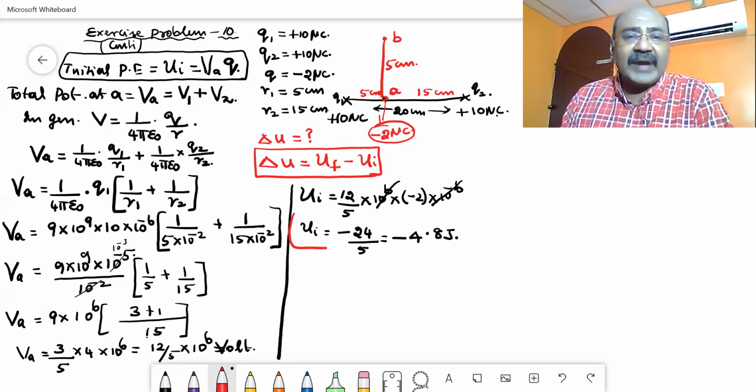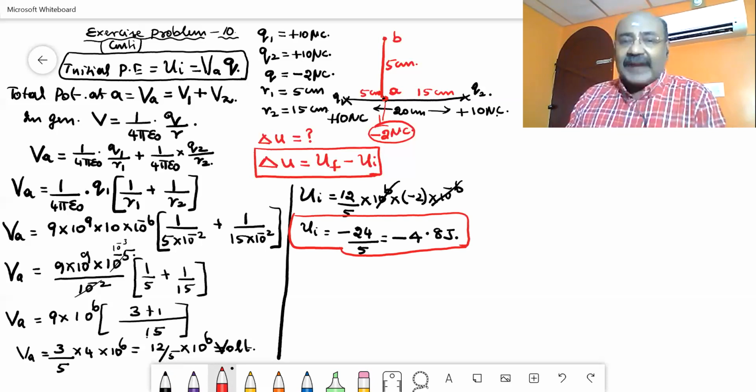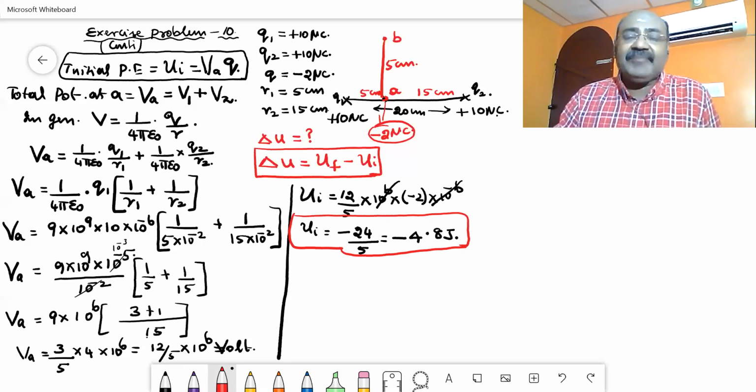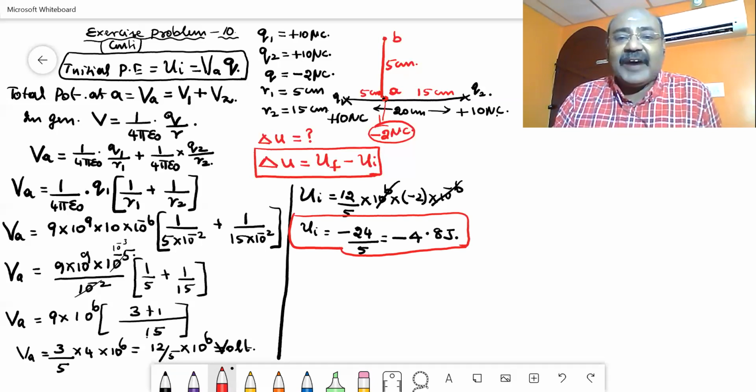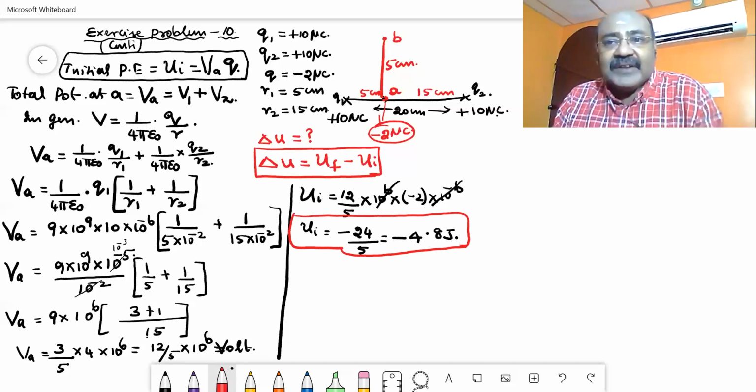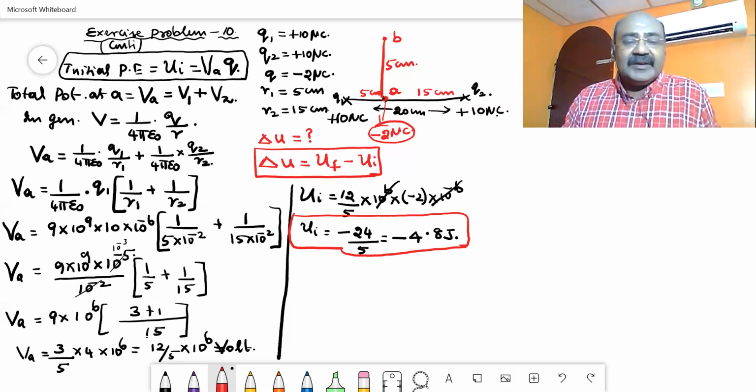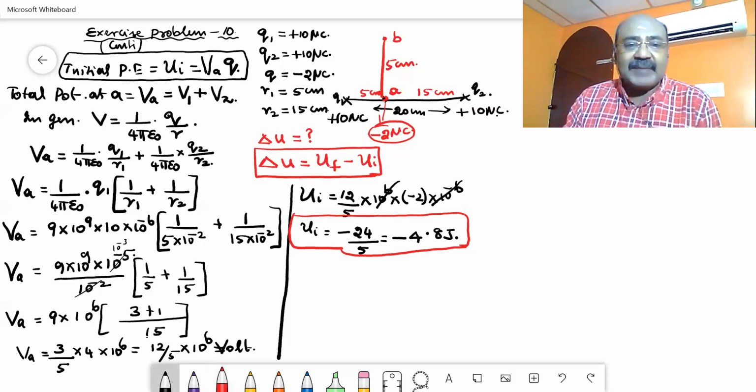Okay, how to calculate the final potential energy then? In order to calculate the final potential energy, I have to calculate the final potential at this point B, then multiply it with the charge moved. So I will consider this diagram again.